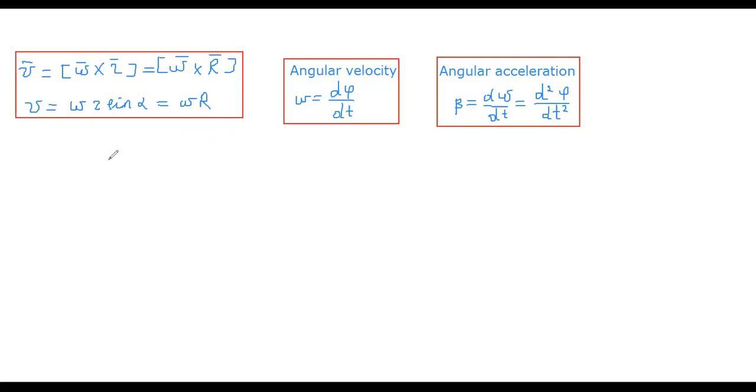For example, tangential acceleration is equal to the vector product of omega and beta, omega multiplied by beta.